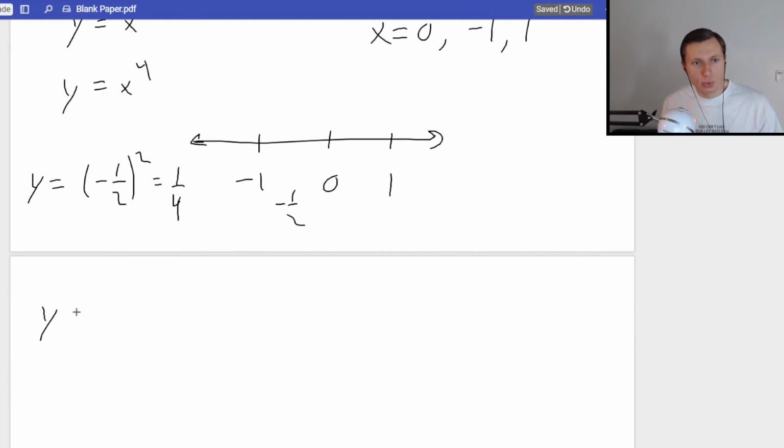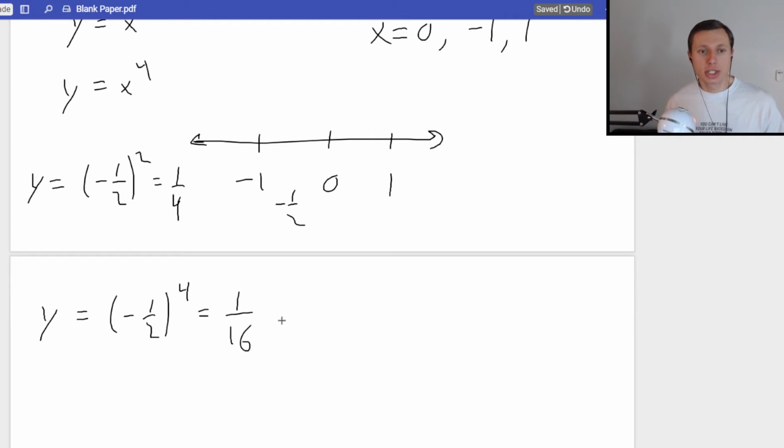And then the other one's y equals (-1/2) raised to the fourth. If you had a calculator, you'd get 1/16 for that. Which is the bigger number, 1/4 or 1/16? It's 1/4, right? It's the bigger fraction. Which means between -1 and 0, y equals x squared is on top. And by process of elimination, y equals x to the fourth is on the bottom because it's smaller.